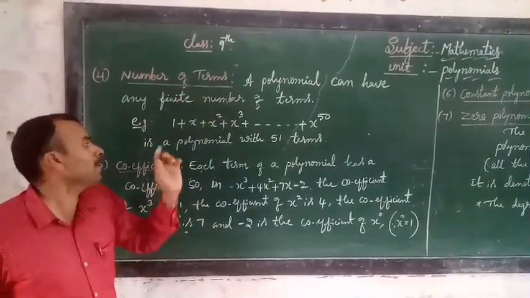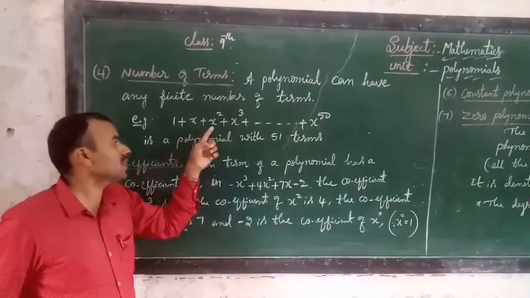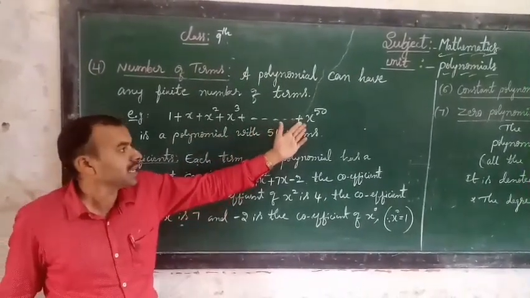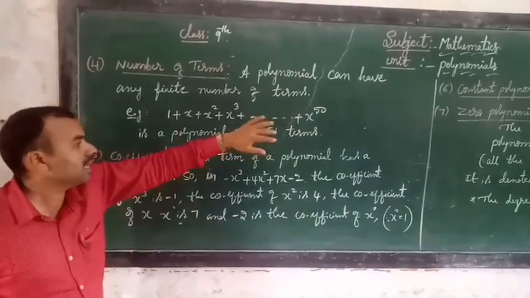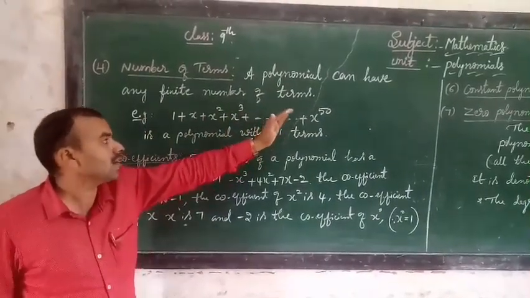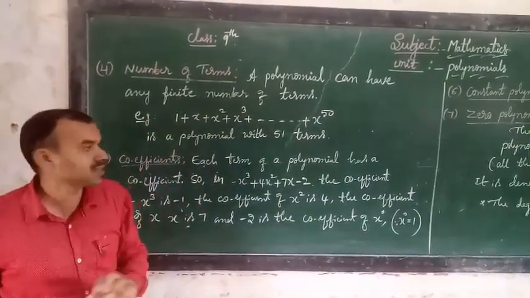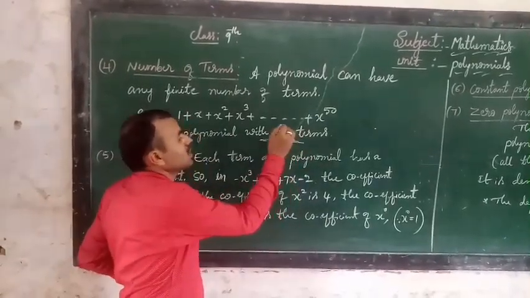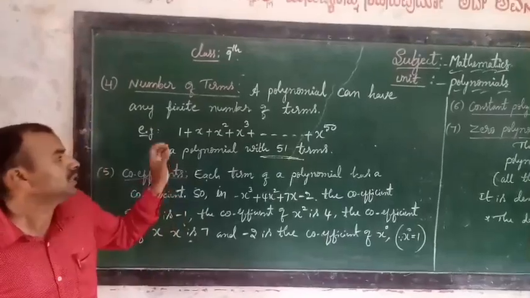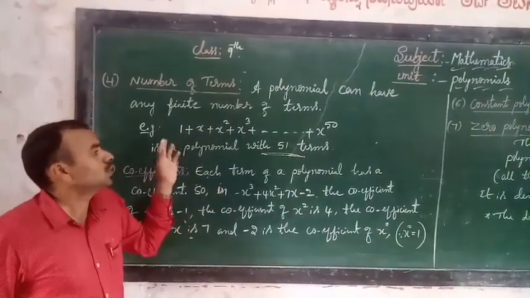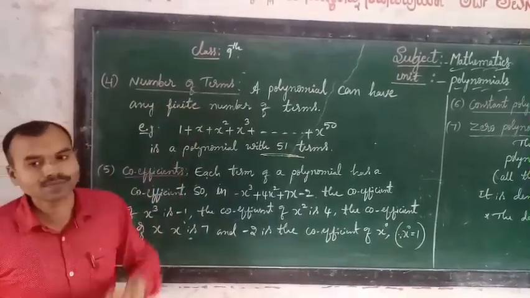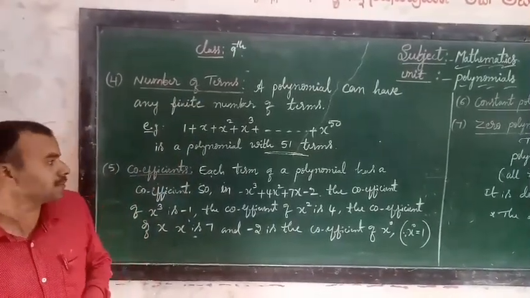For example, 1 plus x square plus x cube plus up to plus x to the power of 50. Here there are 51 terms in total. This is a polynomial with 51 terms.